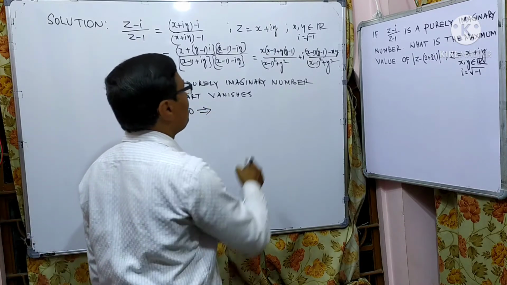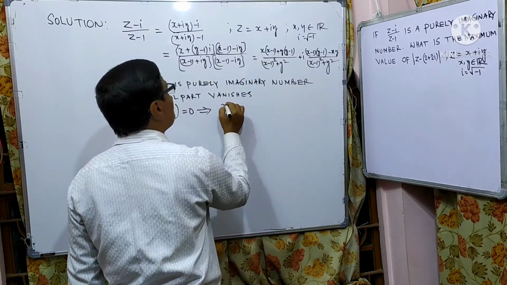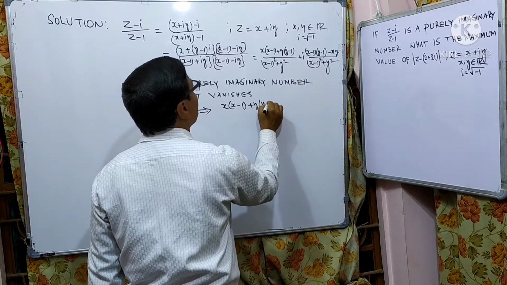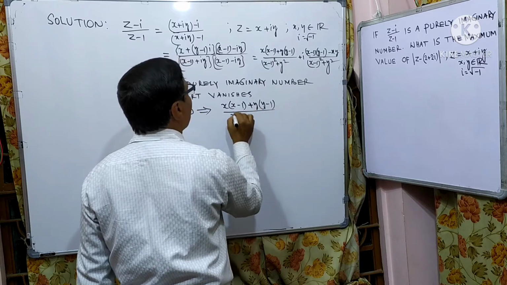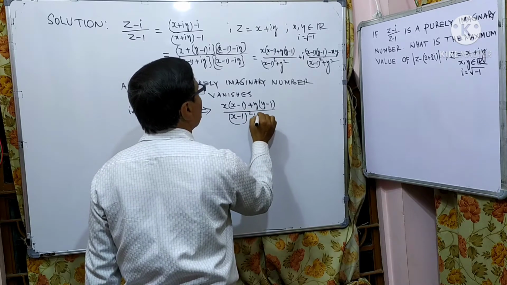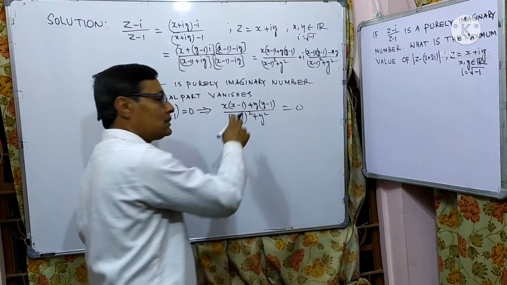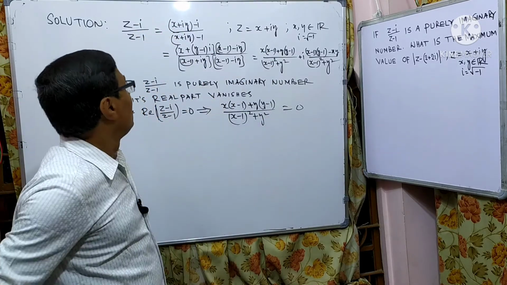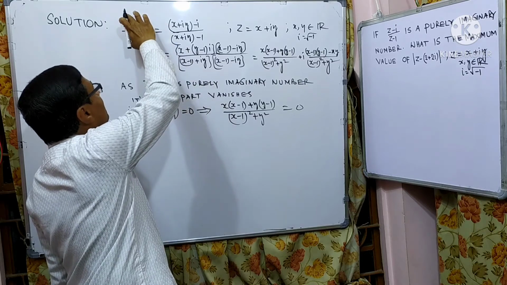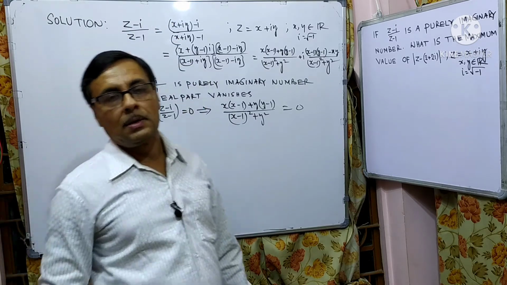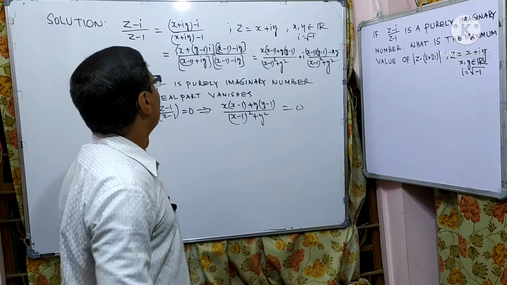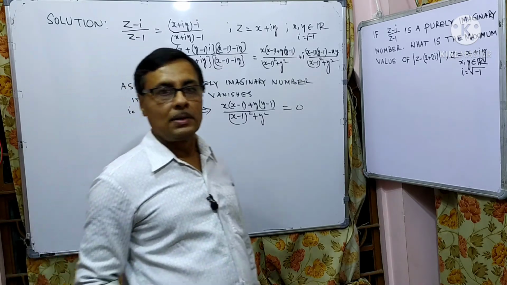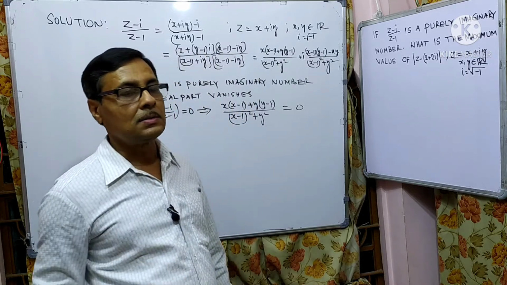Here the real part is this, so x into (x minus 1) plus y into (y minus 1) over this equals 0, because this is the real part of this complex number, which is given as a purely imaginary number. So obviously its real part vanishes, that is, its real part is 0.